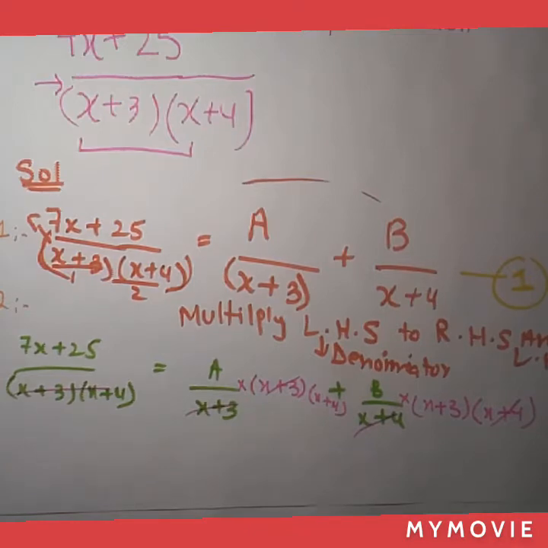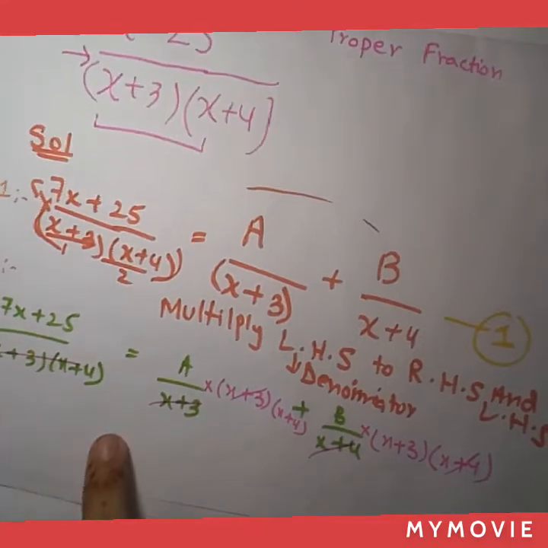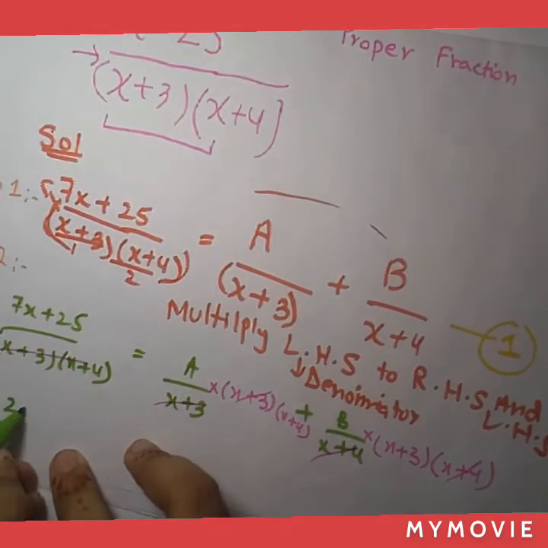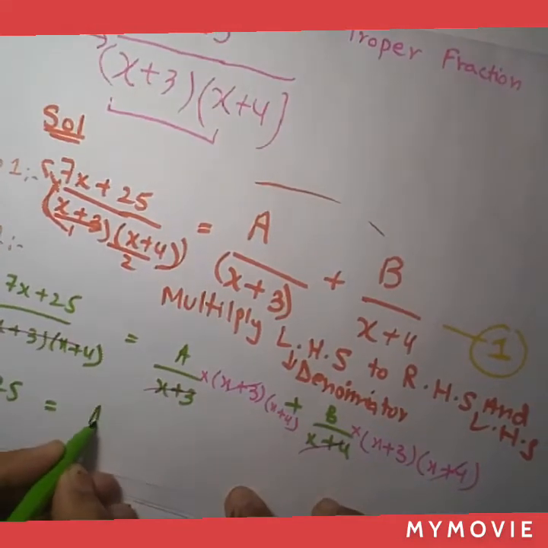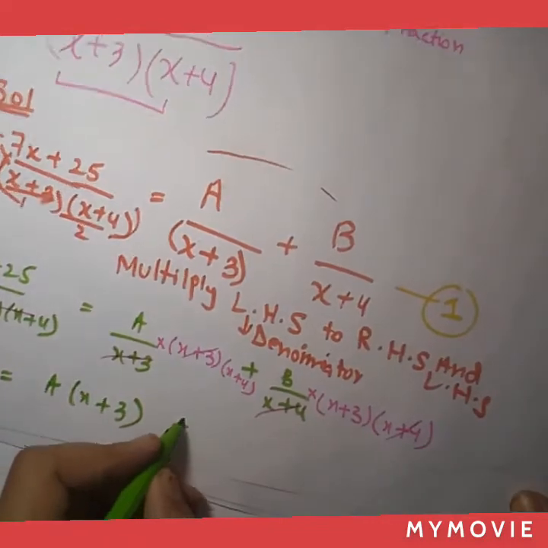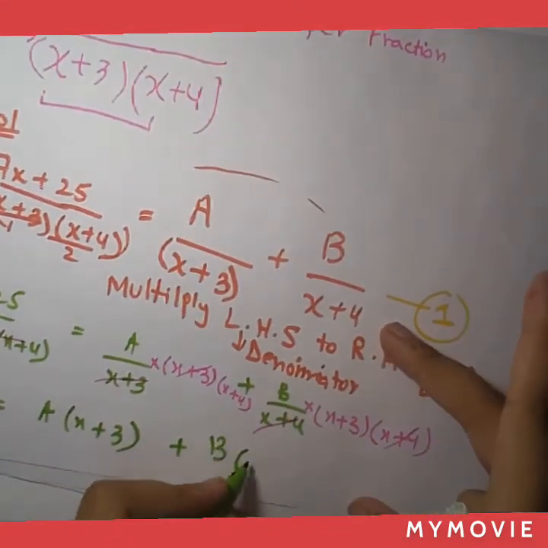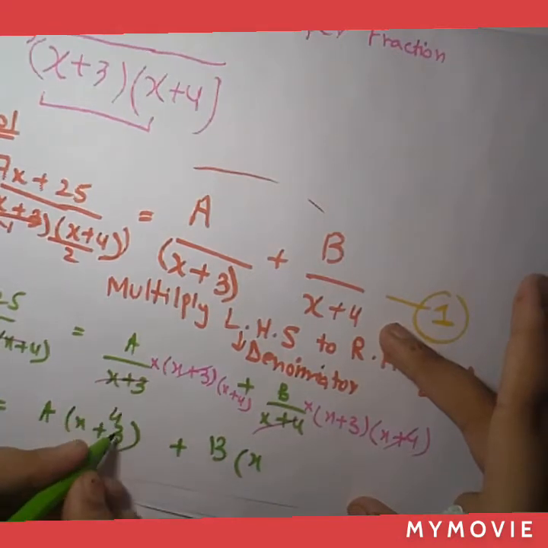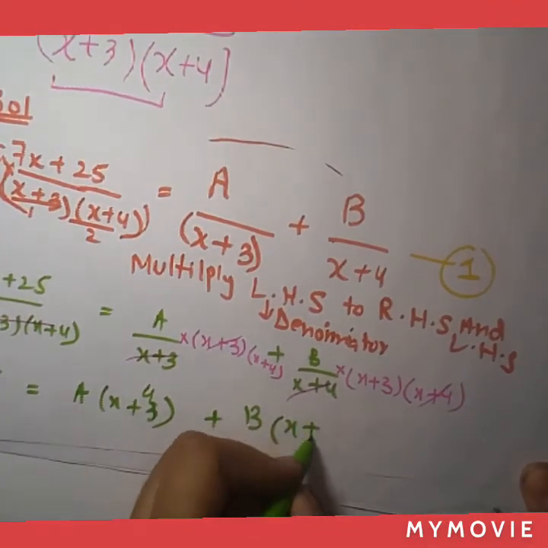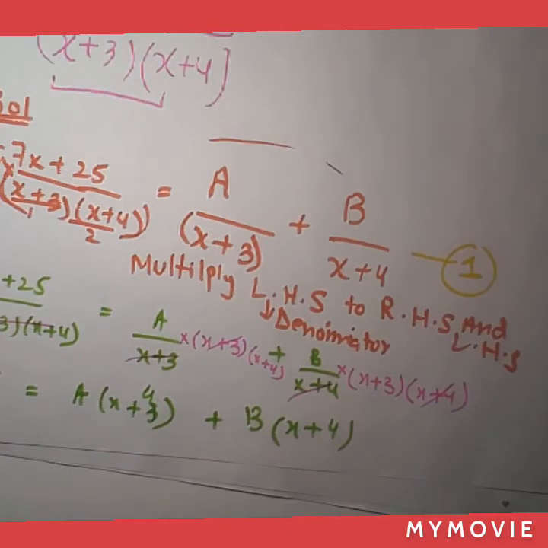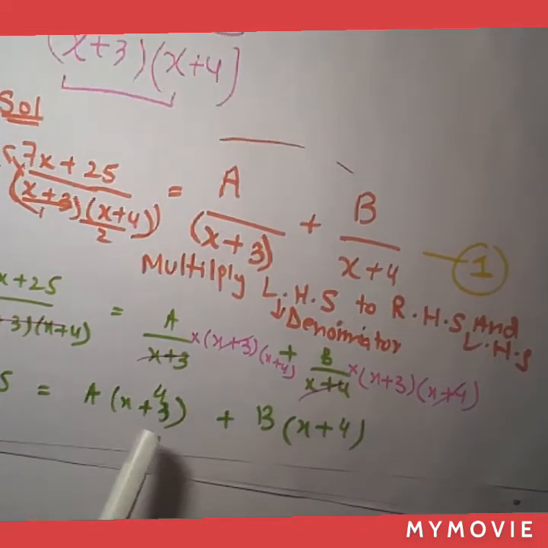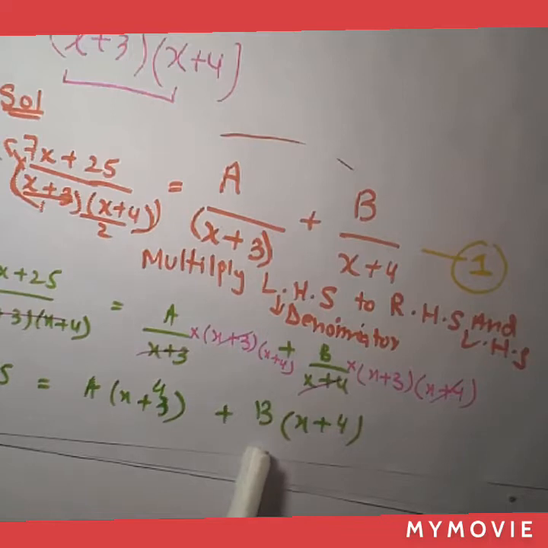Now step 3 starts. Step 3 follows from the equation: 7x + 25 equals A into (x + 3) plus B into (x + 3), with (x + 4). The (x + 3) was cancelled, and (x + 4) remains. Most students make the mistake of multiplying A only to x, not to 4, and B to x, not to 4.